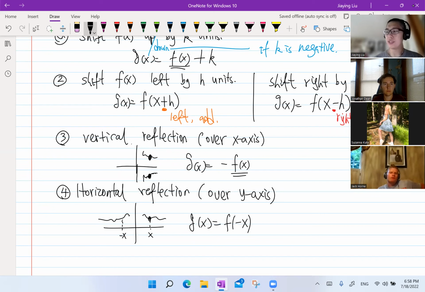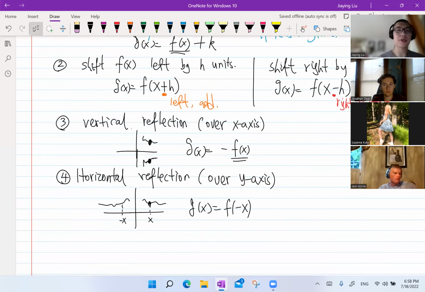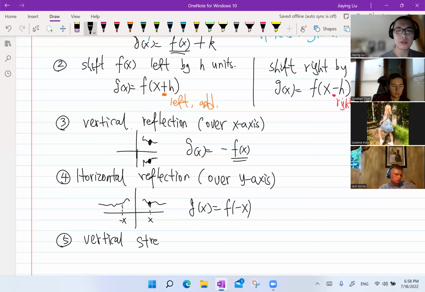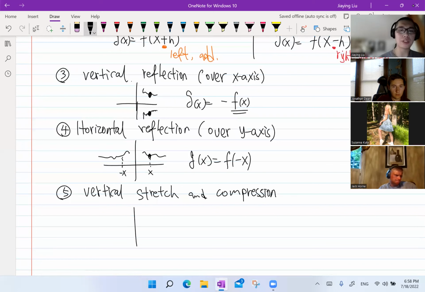And then the last thing, well, there's a few more, but the next thing we're going to talk about is vertical stretch and compression. So if we take a shape, we stretch it vertically.